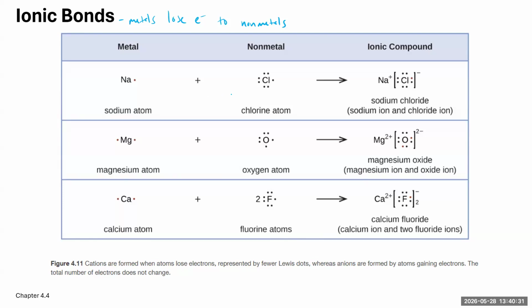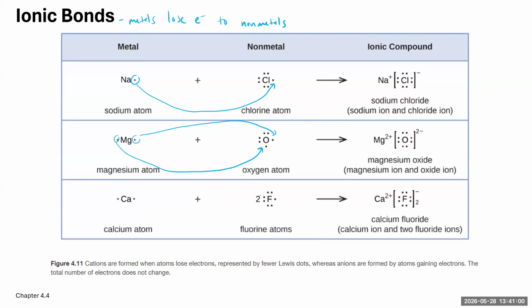So what happens is chlorine will take this electron from sodium. Oxygen will take both those electrons from magnesium, right? But this is a little harder, right?